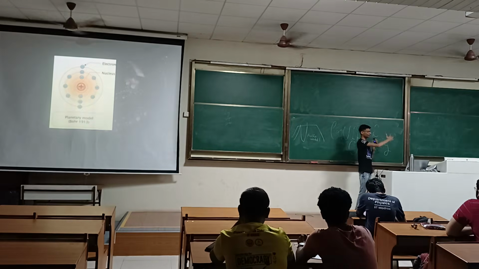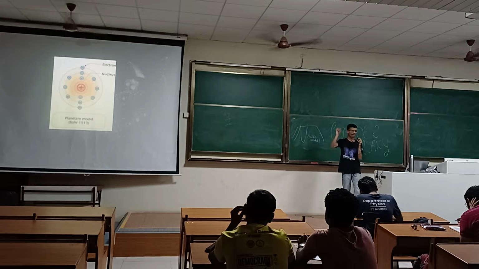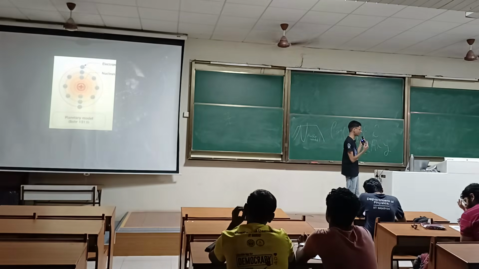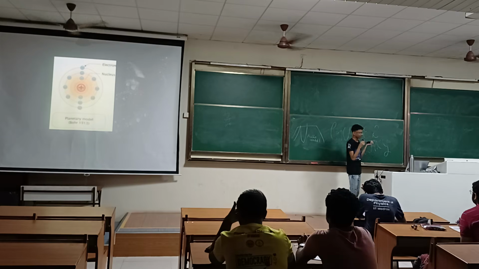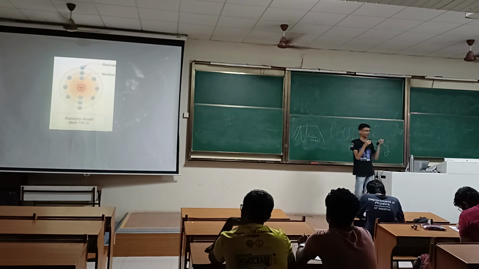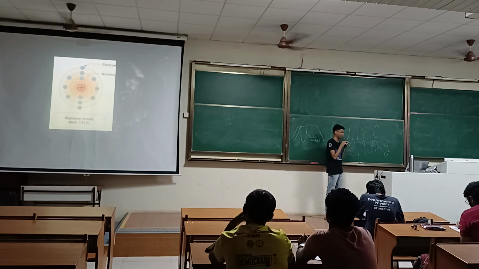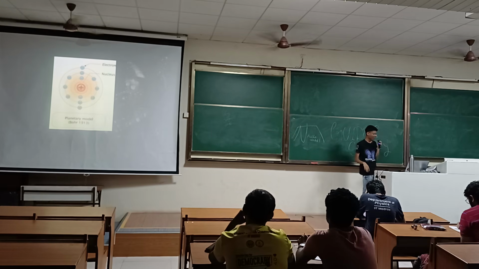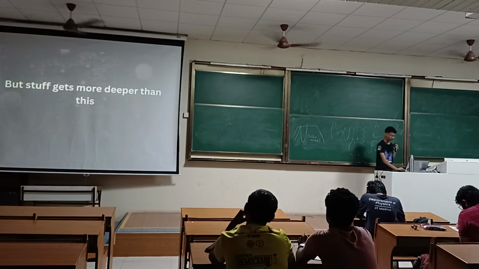The theory proposed by Bohr was that the nucleus is at the center and all electrons revolve around it in fixed orbits, like how the planets revolve around the sun. This helped to predict the ionization energy of hydrogen and many other things pretty successfully. But this theory had lots of flaws in it, and this stuff gets deeper than this.